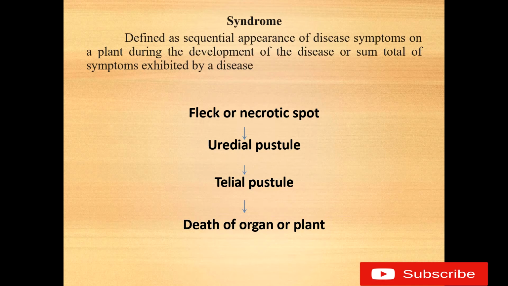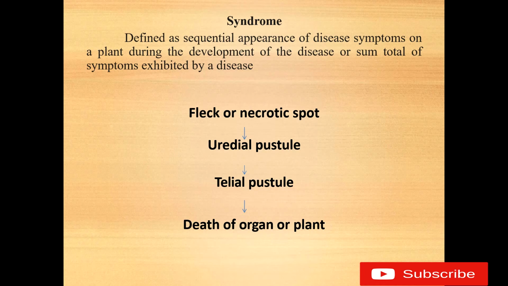The defined sequential appearance of disease symptoms on a plant during the development of disease, or the sum total of symptoms, is known as a syndrome. For example, when we are affected by fever, our temperature rises, we are weakened, and sometimes we lose our smell or taste.